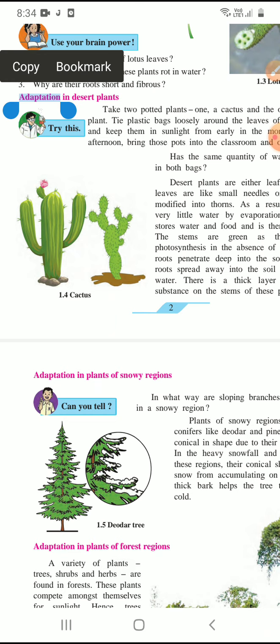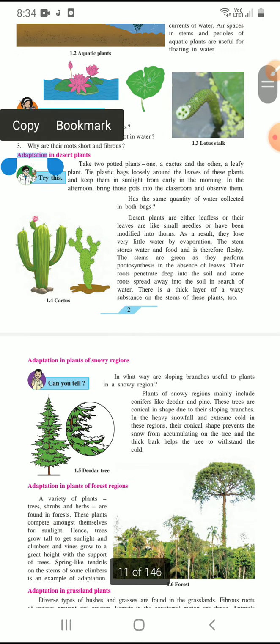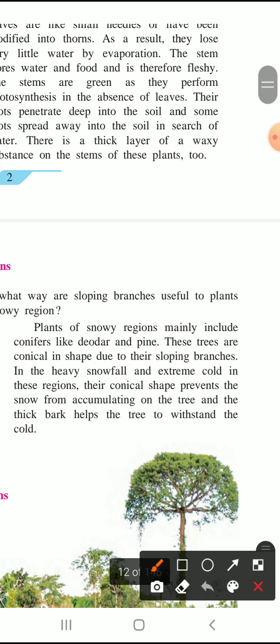Adaptation in plants of snowy regions. Can you tell in what way the sloping branches are useful to plants in snowy regions? Plants of snowy regions mainly include conifers like deodar and pine.